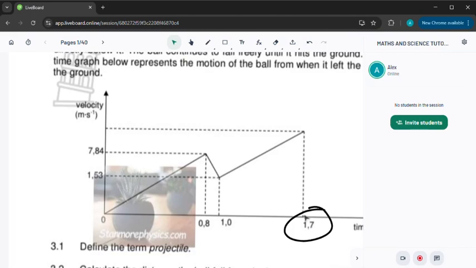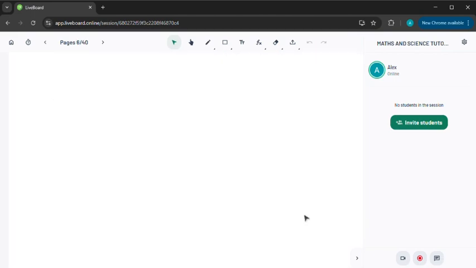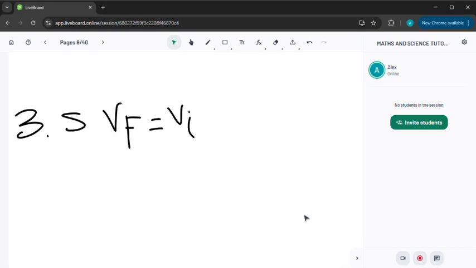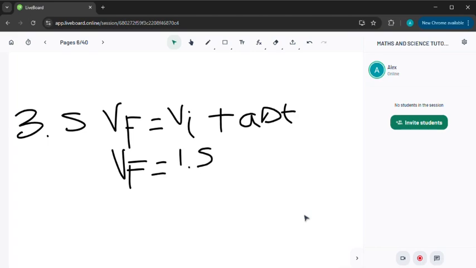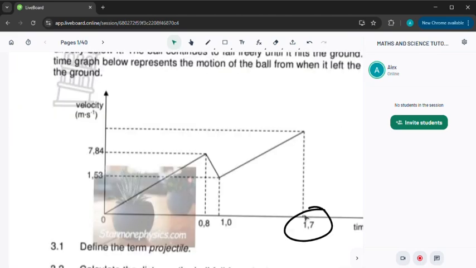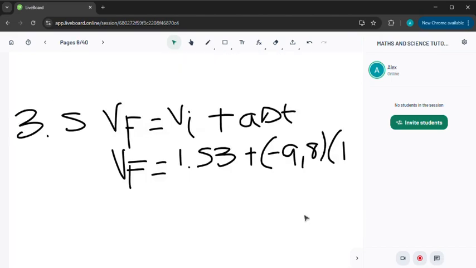So which equation of motion can we use? We can use this one: Vf is equal to Vi plus a delta T. That's the correct equation of motion to find Vf. Vi, remember, is 1.53, plus acceleration, negative 9.8, times delta T, which is 1.7.